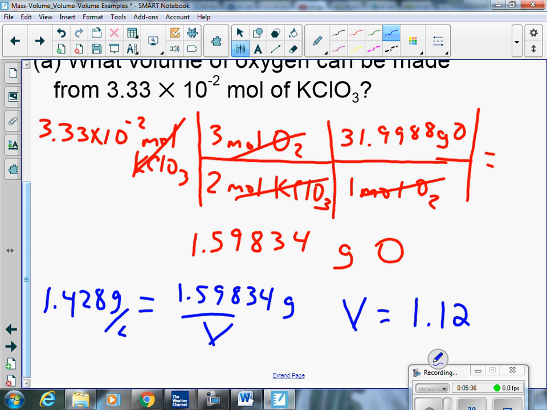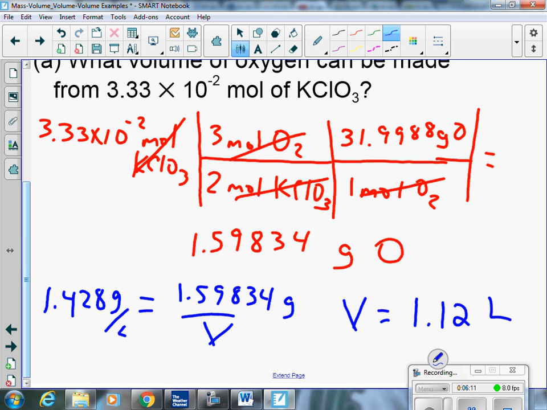What is it going to be? Liters. Okay? So why did I use this instead of my 22.4? Density was given. That's the first clue. And why else did I need to use the density? It's not at standard temperature and pressure, STP.